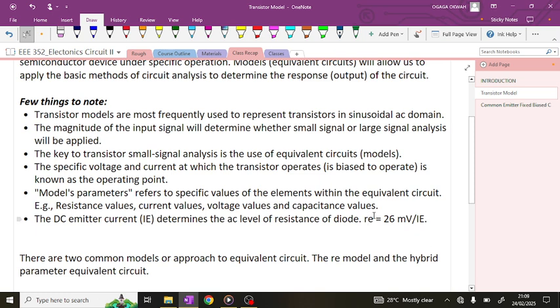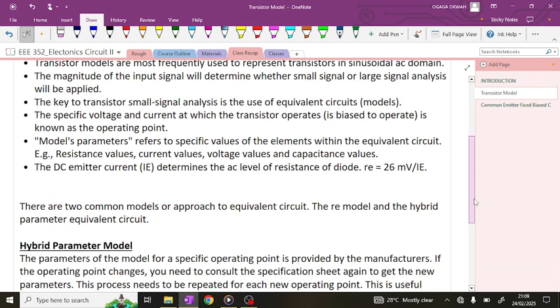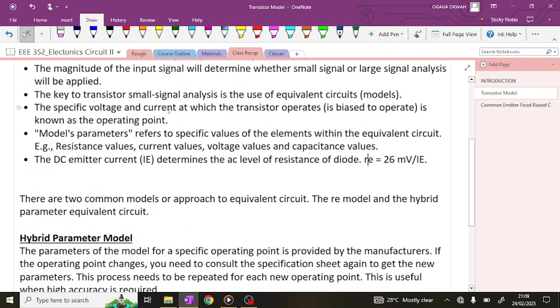So this IE will determine the AC resistance. Like I said, in case all these points don't appear useful or meaningful now, don't worry, just relax. As we continue in this series, you begin to see why these things are important to note.